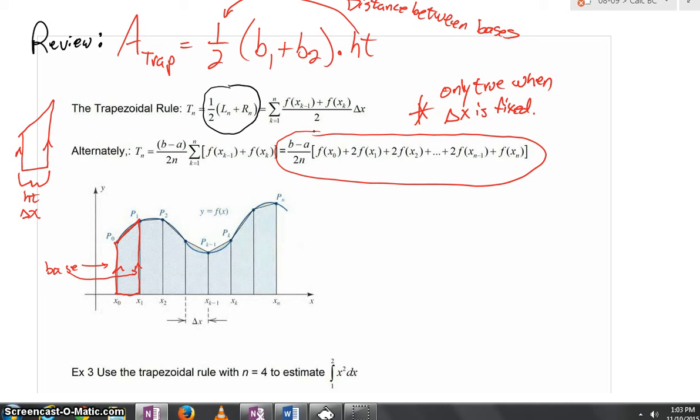Inside those brackets, undoubtedly the first thing kids notice is, hey, a whole bunch of those f of x values have a 2 in front. Some of them don't have a 2 though. And that can beg the question, why is that? And I guess what I want to point out to you is your first f of x value and your last f of x value are the ones that don't have a 2 in front. Everything else does. But let's see if we could actually go through a proof and talk about why this works.